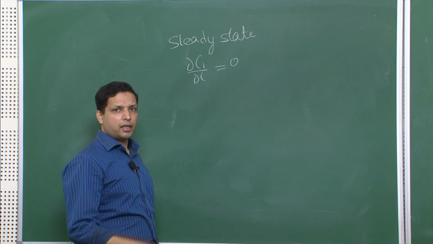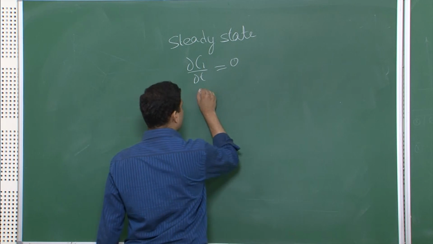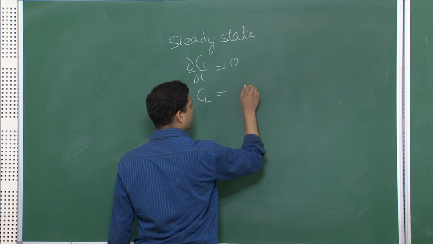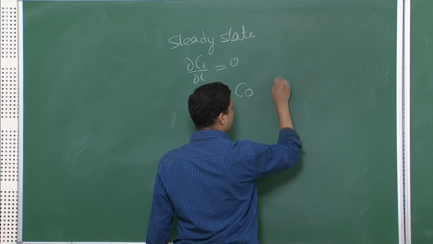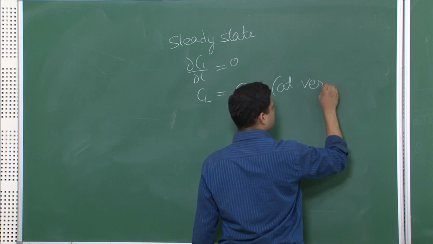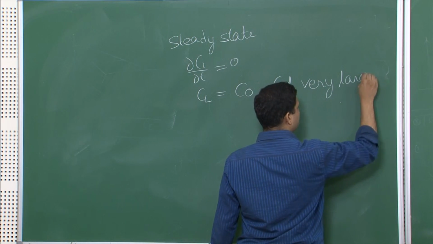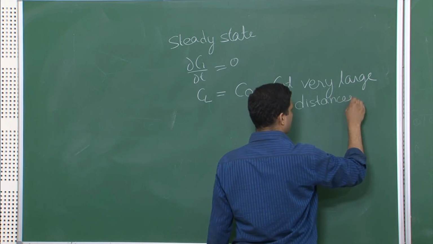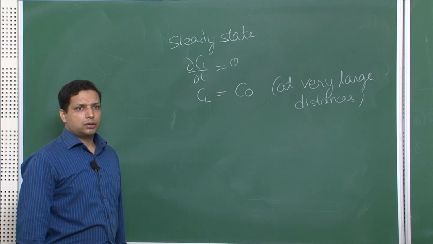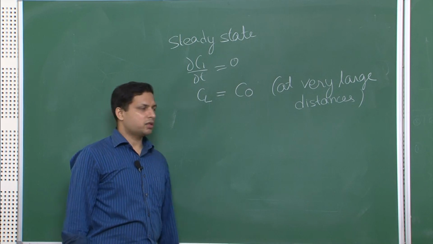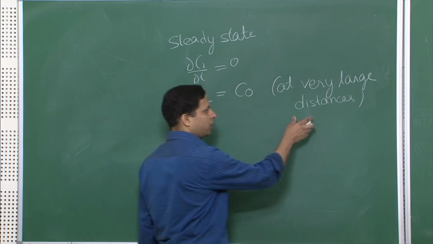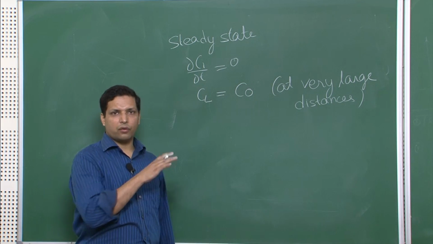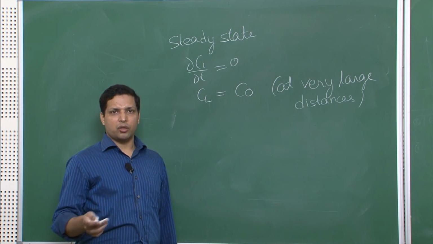Another thing is that in the steady state your concentration of liquid must be equal to C naught at very large distances, because we have already considered that the crystal is very long, and when the crystal is very long, the overall concentration of the liquid cannot be changed.